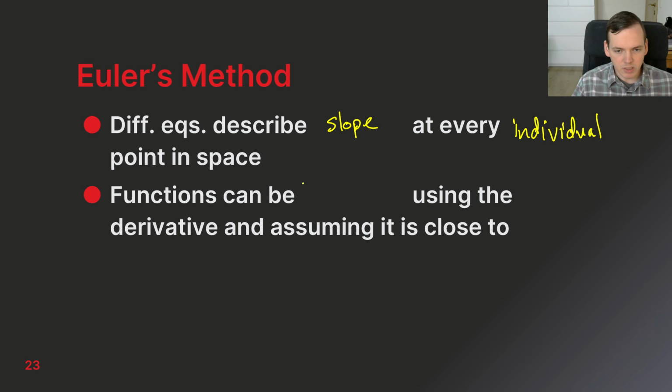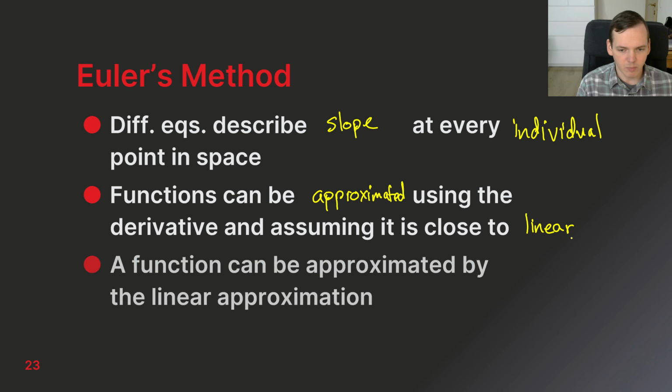And so functions can be approximated using these differential equations by using that derivative and assuming that the function is close to linear at a given point. And then if you want to approximate the function based on the differential equation, you repeat these linear approximations.